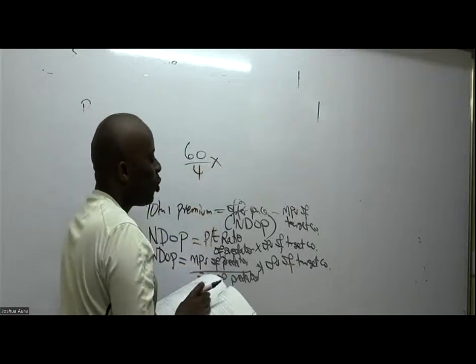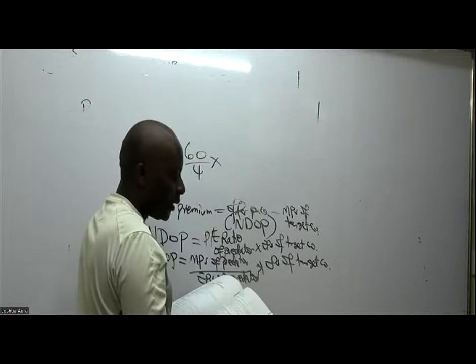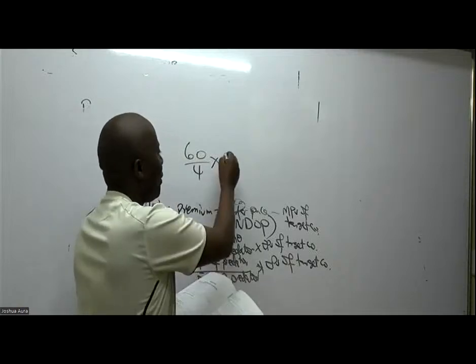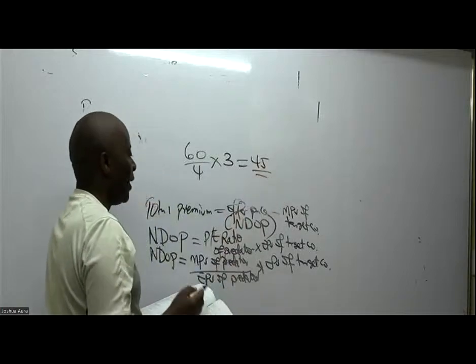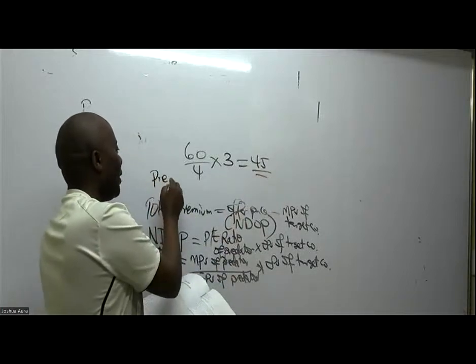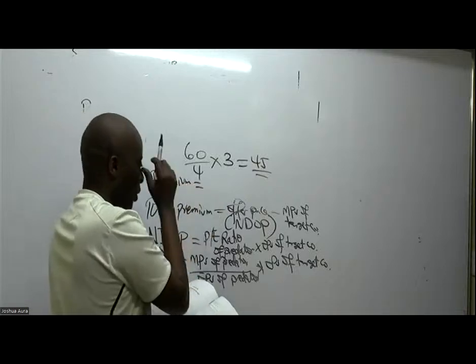Times, ladies and gentlemen, what do we have here? EPS of the targeted company, EPS of company 2, which is 3. This is how they were able to get the 45.